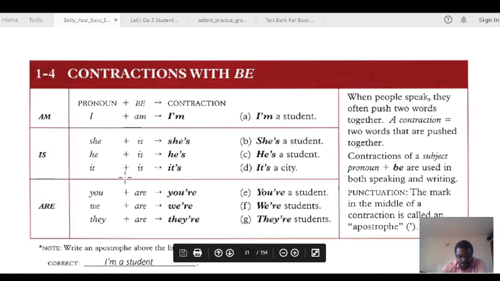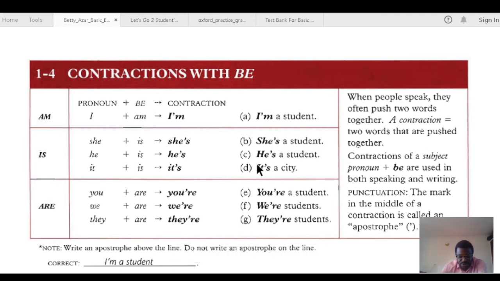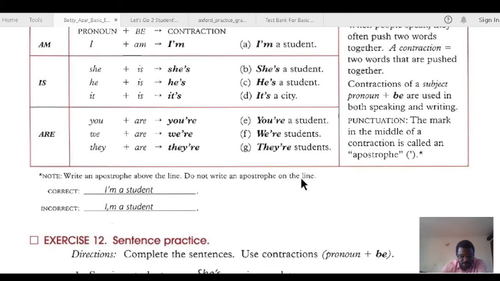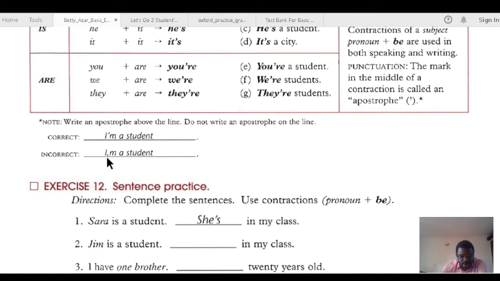Put an apostrophe before the s. So she's a student, he's a student, it's a city. See, you don't write the apostrophe like this on the line. You have to write it above and tap up the word you're trying to make a contraction of.